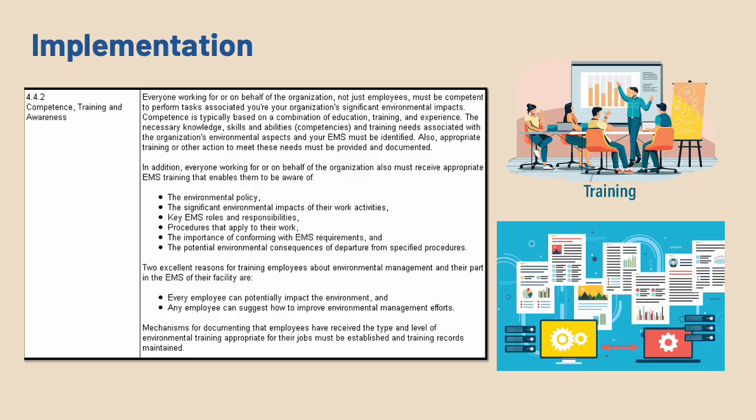The first reason is consistency across operations. Whether the person is directly employed or working on behalf of the company, their actions affect the company's environmental performance. So consistent training ensures everyone is aligned with the company's goals.